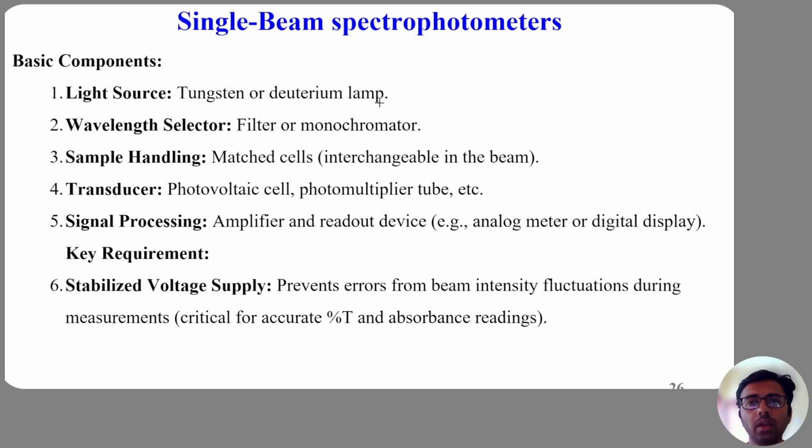Consider the measurement sequence. You measure the blank, you remove it, you insert the sample, several seconds pass. If lamp voltage changes during this time, the incident intensity P0 changes. Your reference measurement no longer matches the sample measurement.